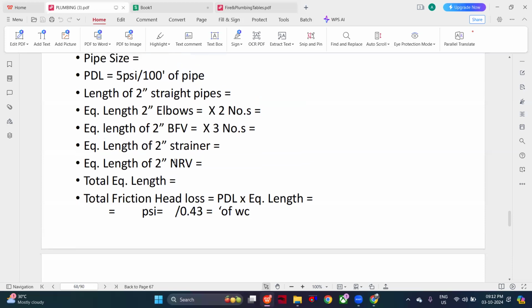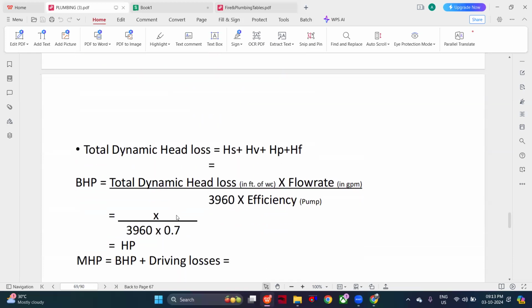Then you have to find out the strainers and NRVs, total equivalent length and the frictional losses in psi. When all things are in psi, you have to convert into water column. Then you will get the HS, HV, HP and HF.